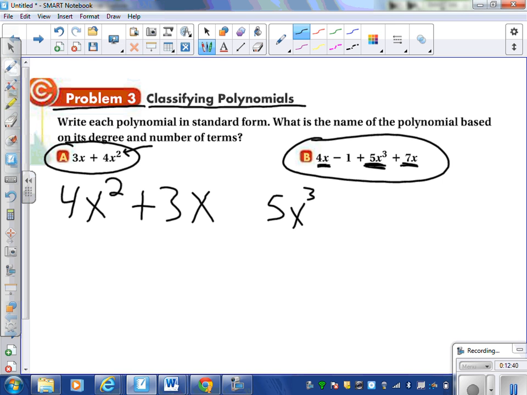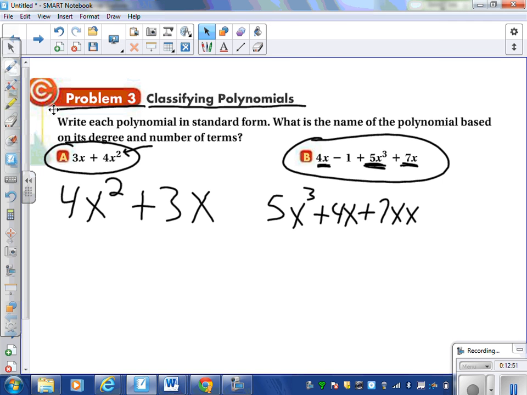So we'll just write plus 4x plus 7x. Sorry about that. We have 1 extra x. Take that one away. And I want to put minus 1. So my answer would be 5x to the third power plus 4x plus 7x minus 1.